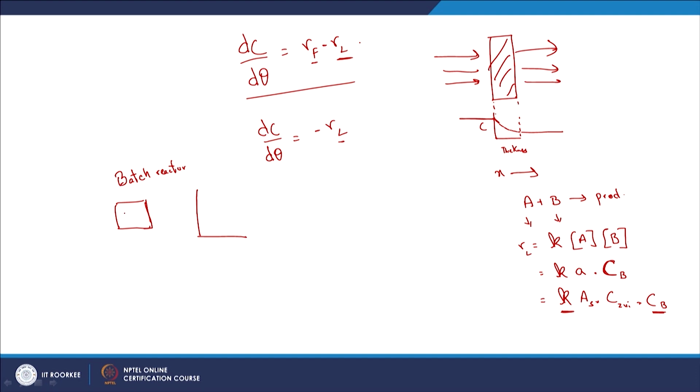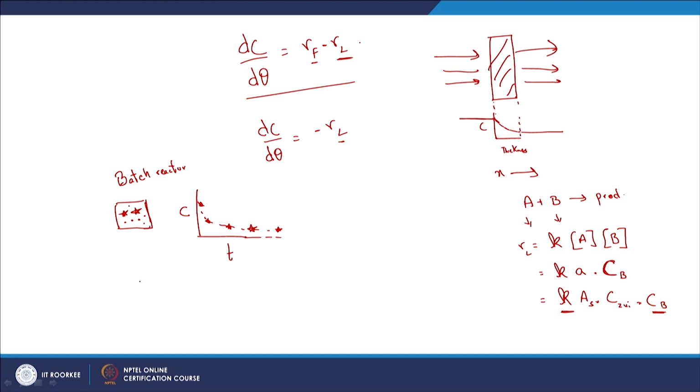I am going to put in the relevant reactive media, let us say, and also the compound, and then I am going to measure the change in concentration with time, right. These are my sample concentrations, let us say, and then I can fit a model. And what model will that be? Again, I need to apply the mass balance to this batch reactor.